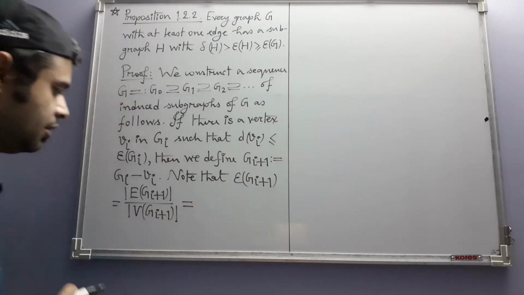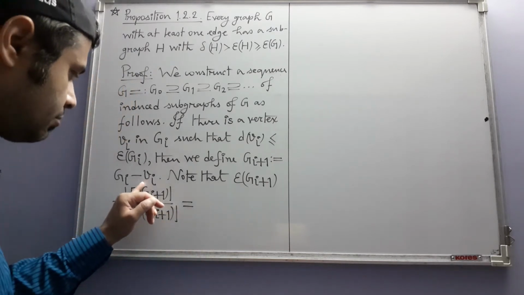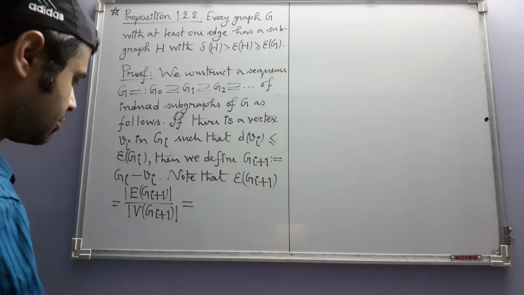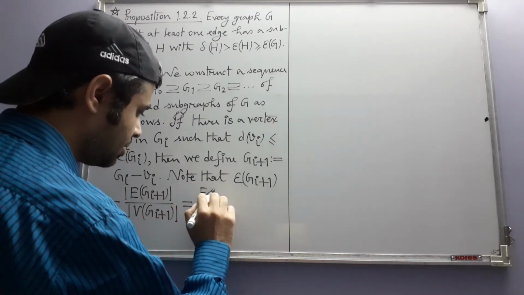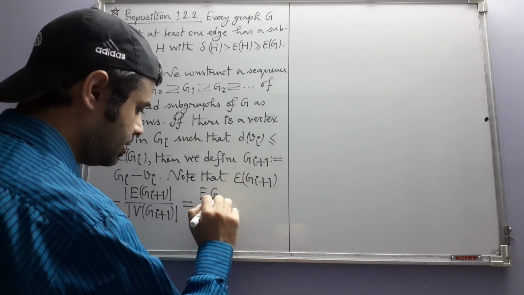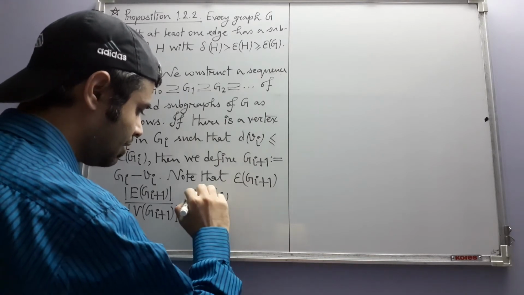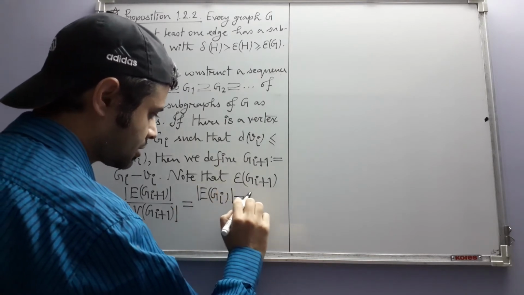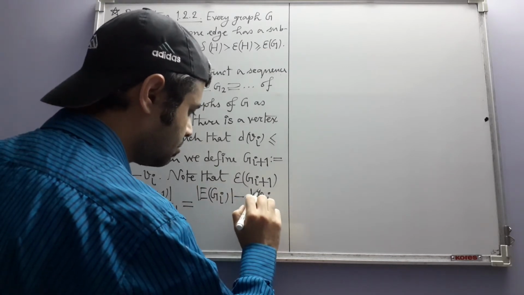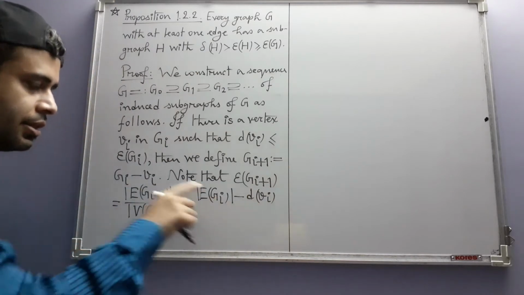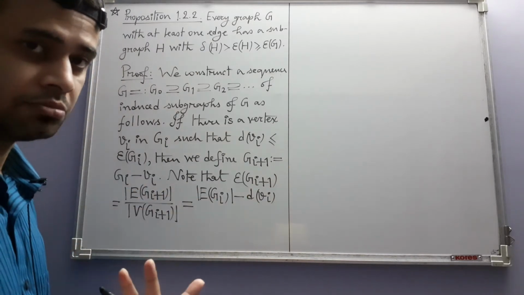Now, since we have removed Vi, from the number of edges in Gi we have to subtract the degree of Vi, because all the edges incident on Vi have been removed.